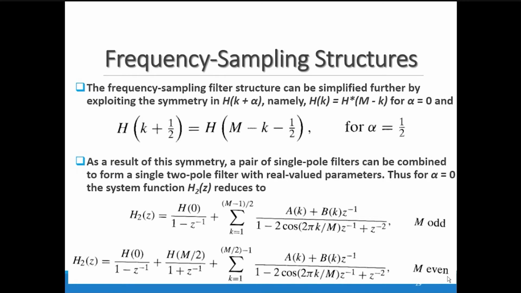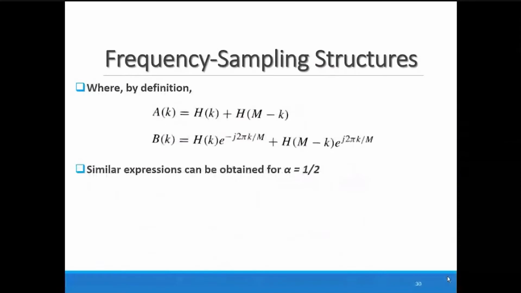We use these two equations when we solve for M odd or M even and calculate H(z). The coefficient A_k is given by H(k) plus H(M-k), and the coefficient B_k is H(k) e to the power minus j 2 pi k/M plus H(M-k) e to the power j 2 pi k/M.